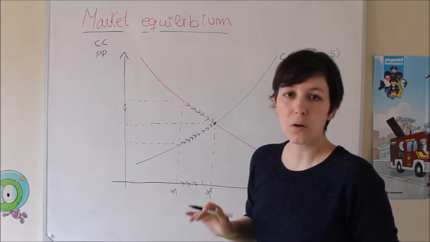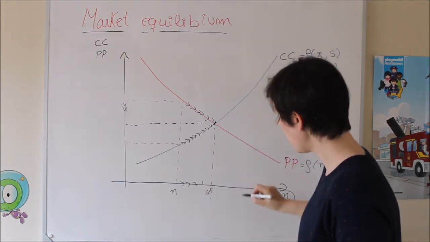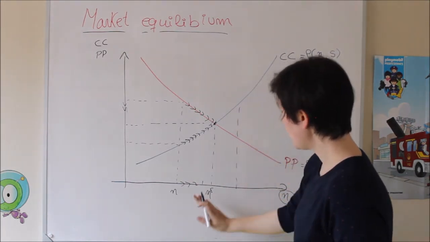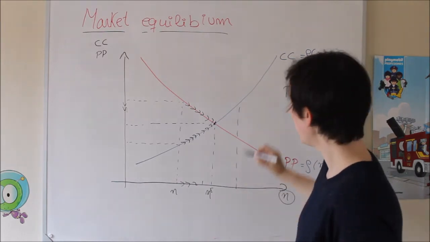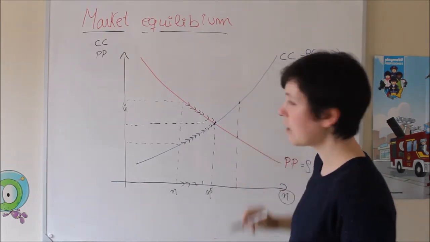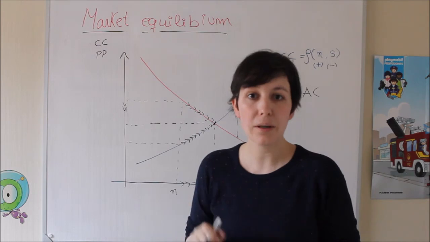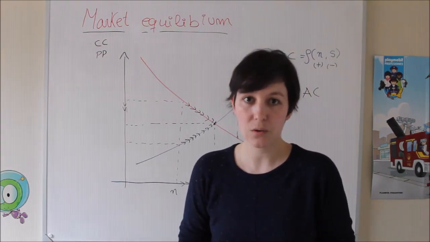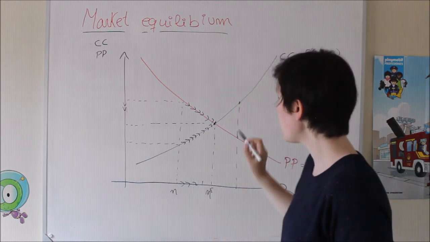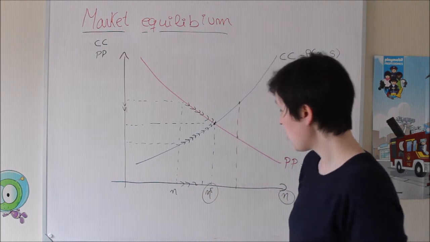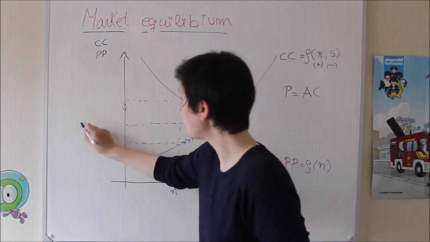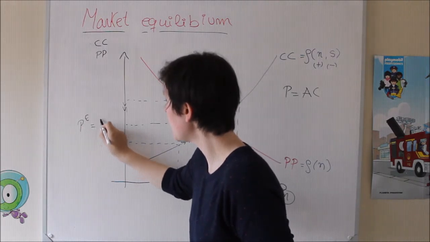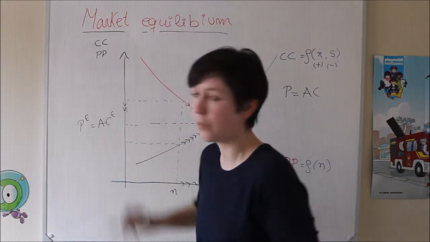No more firms are going to get into the market. Why? Because any point on this side of the graph involves the average cost being higher than the price. So instead of profits, you have negative profits, okay? You are losing money. So that's why here you are going to have the equilibrium production and the equilibrium price, which equals the equilibrium average cost, okay?